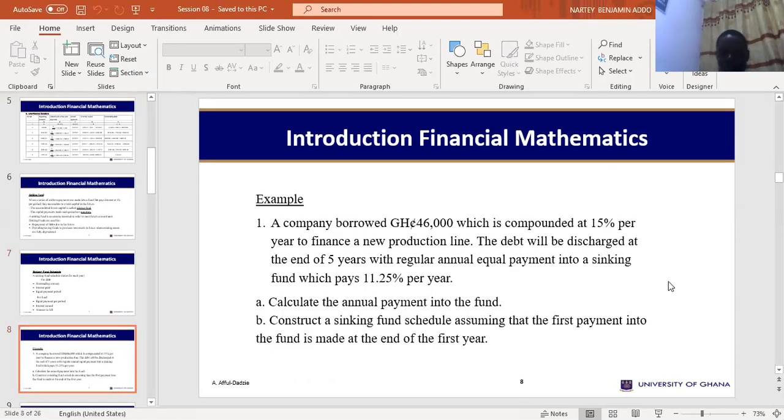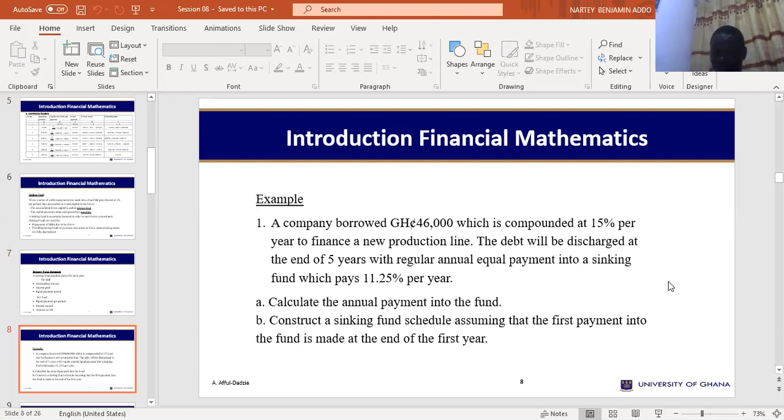Now, in this example, you are borrowing 46,000, but the interest on this fund is 15% per annum. So that is the cost of capital you are paying, the cost you are incurring for acquiring 46,000. Normally, questions like this suggest that you are going to make a one lump sum payment.